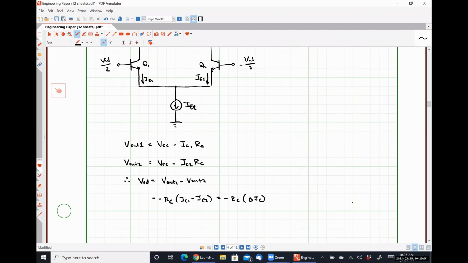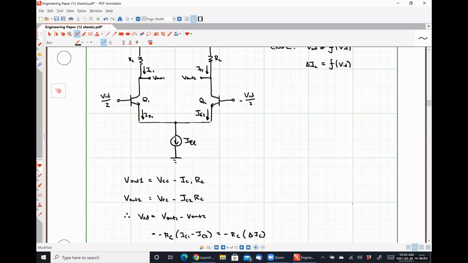So let's start working on that. I'm going to write a KVL equation around this loop, going from ground to ground.